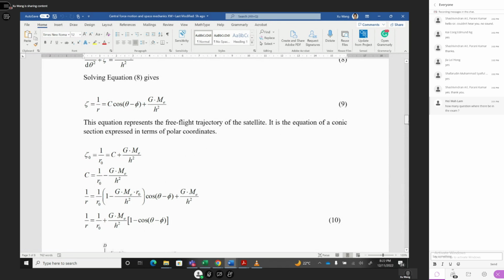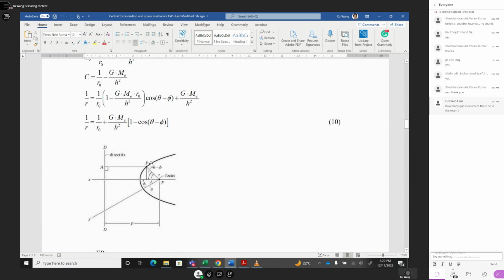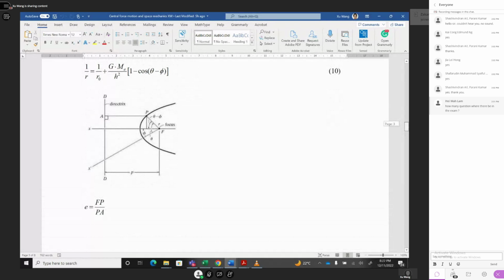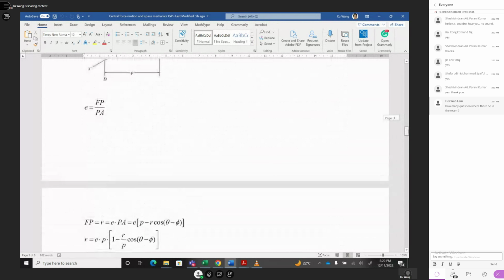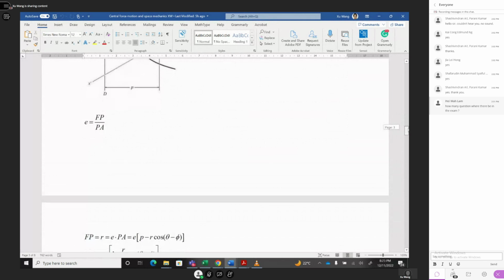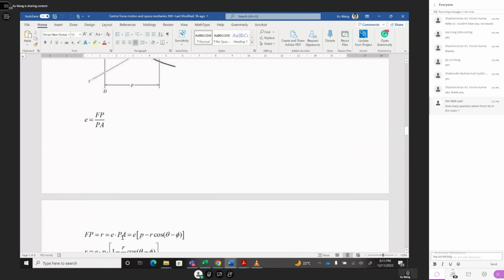All right. And usually you can simplify it. Put this as the 0 position, get rid of theta, make theta phi equal 0, simplify. And also from the physical meaning, this is defined as F for the astronomy, PF divided by PA, for E. And then FP should be equal to E multiplied by PA.